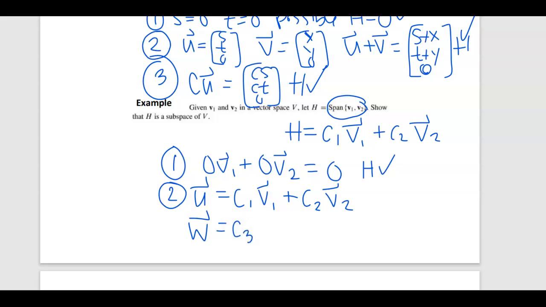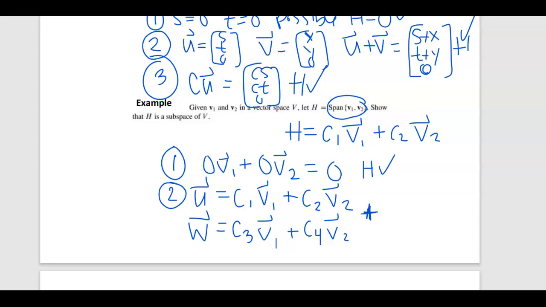It doesn't really matter what we call these constants. Sorry about that, this needs to actually be the same vector, because it needs to be v1, v2 in our vector space, so those need to be the same. It's just that their constants can be different.